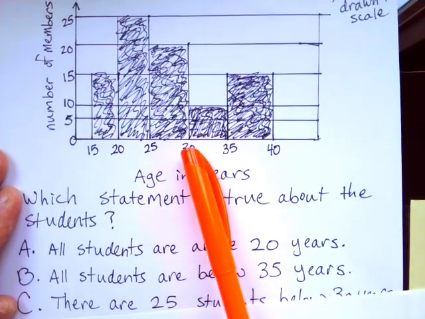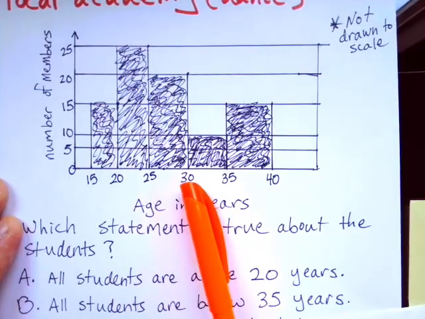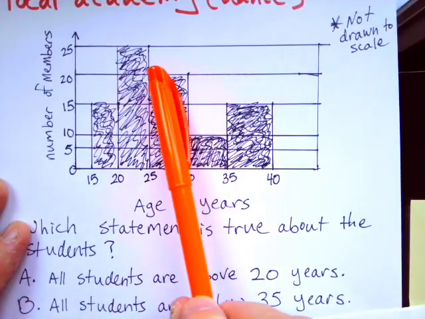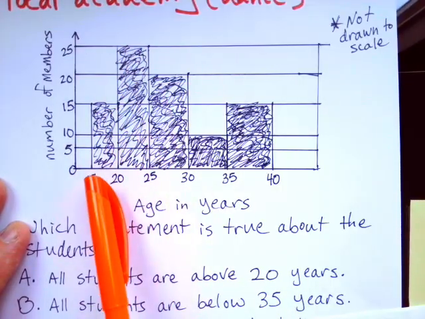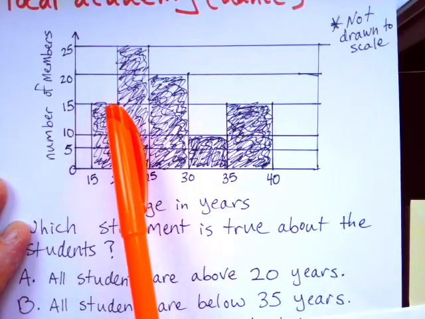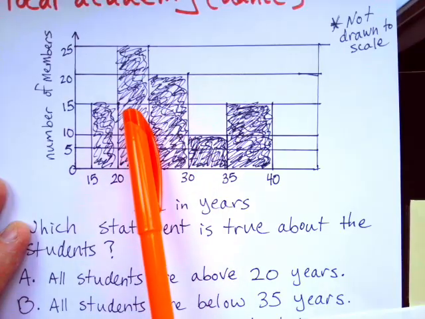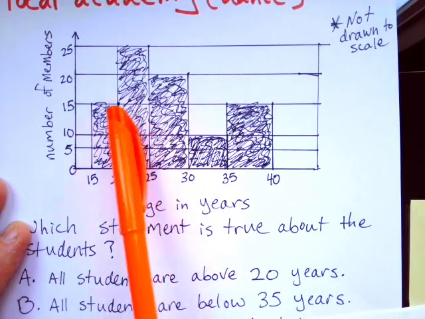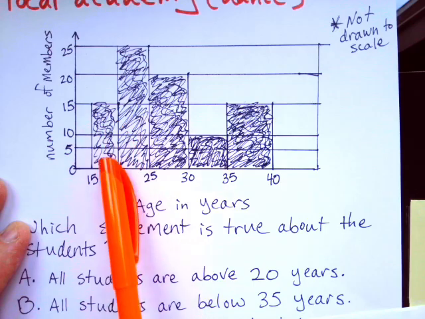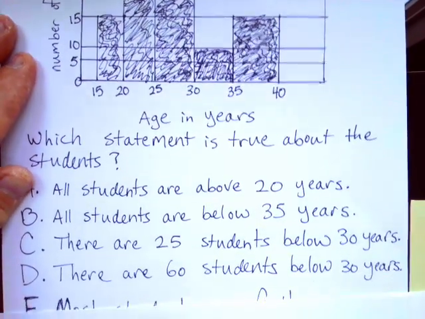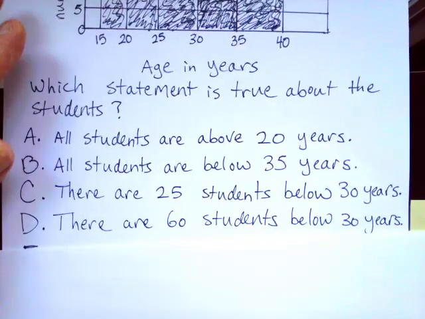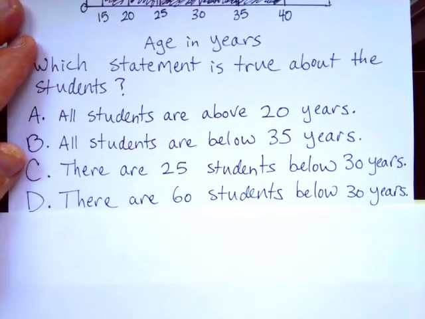Under the age of 30, are there 60? Well, let's take a look. We have 20 plus 25 plus 15. 20 plus 25 is 45. Plus 15 is 60. So it looks like option D will be the most truthful statement, but let's continue.